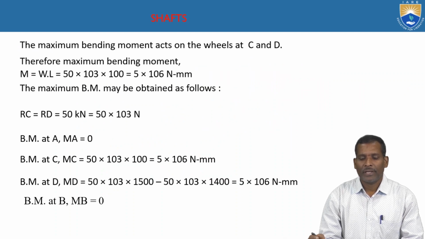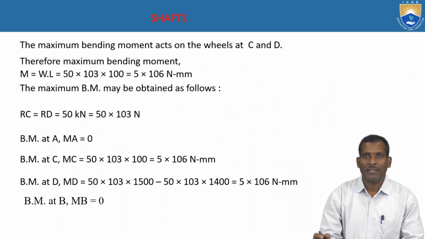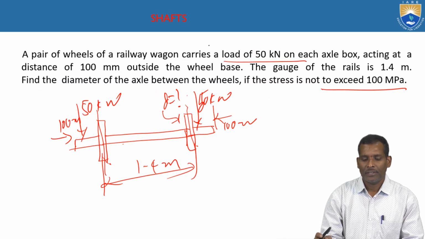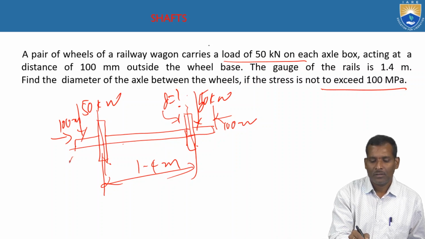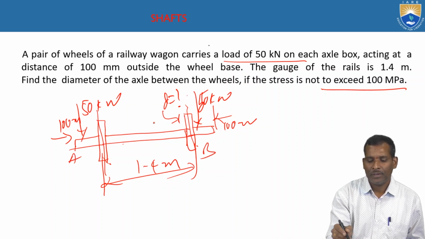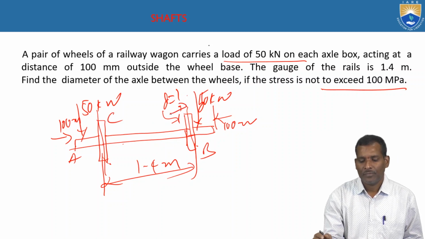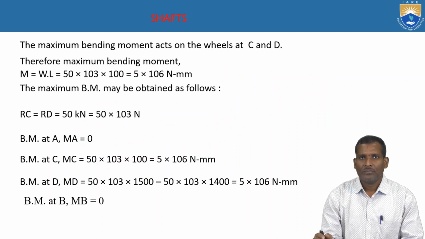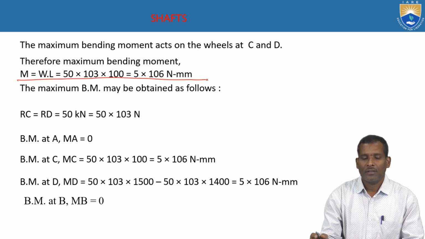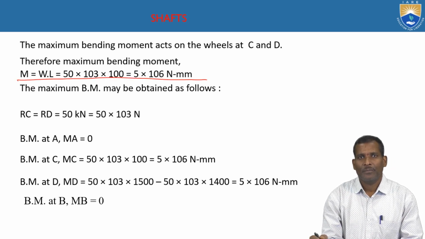So the maximum bending moment acts on the wheels at C and D. First mark the points A, B, C, D. Therefore the maximum bending moment is W into L, load multiplied with distance.